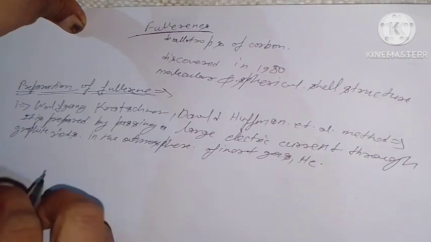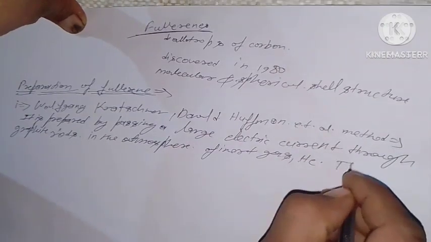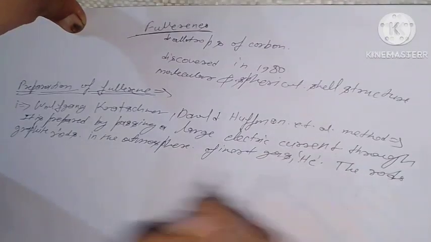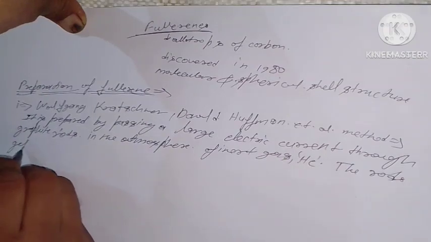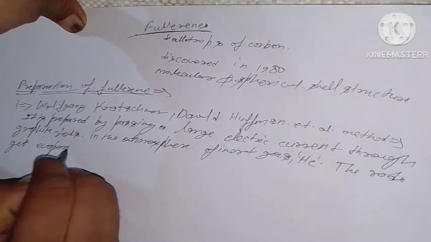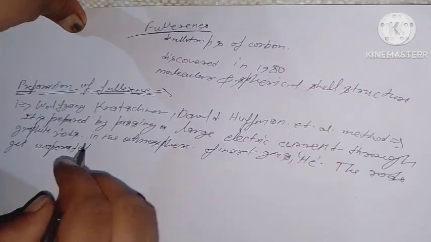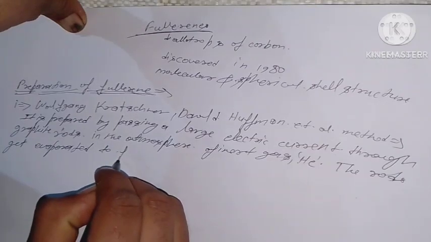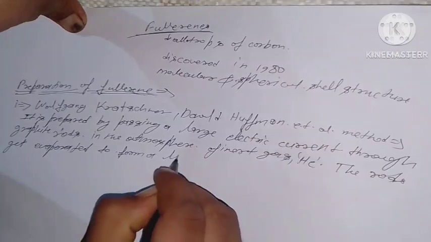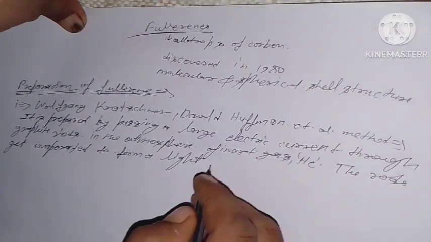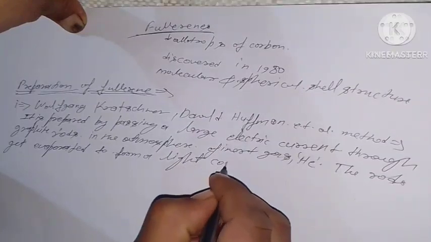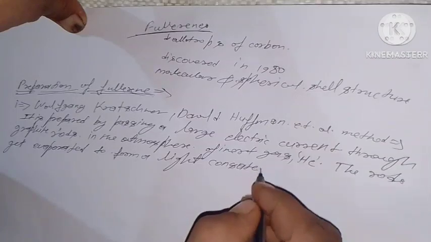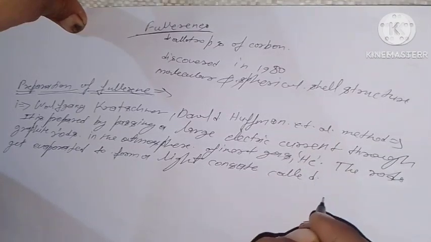The rods get evaporated to form a light condensate called fullerene soup.